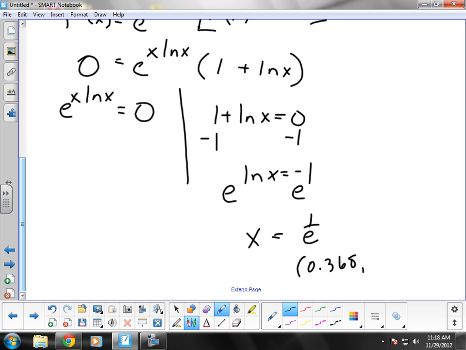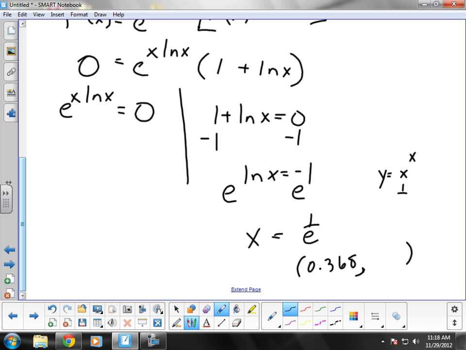Is that good enough? All right. But if I'm looking for the point where this has a horizontal tangent, what do I need to do with that value now? Plug it into the original equation to find the y to go with it. My original equation was y is equal to x to the x.